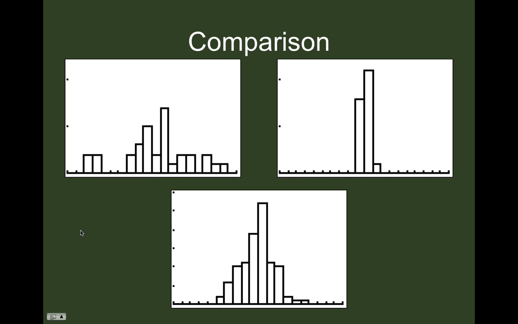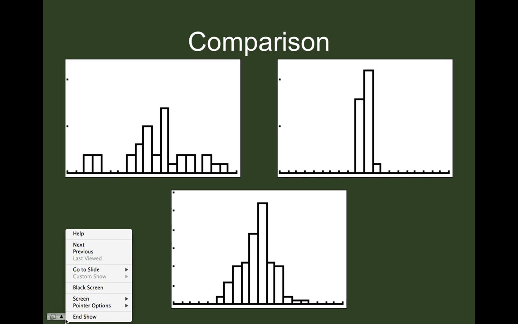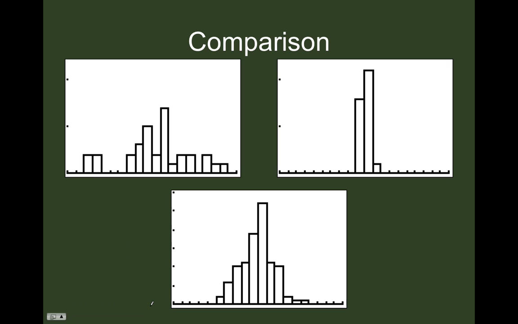First of all, this axis would be labeled with x. This axis would be labeled with x bar. And this axis would also be labeled with x bar, but the scaling is different.